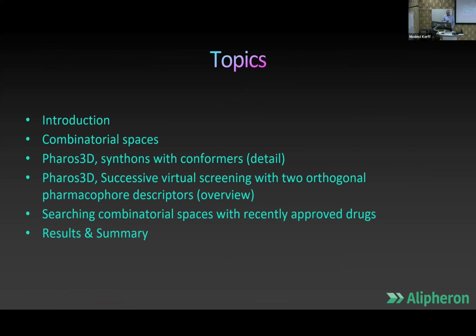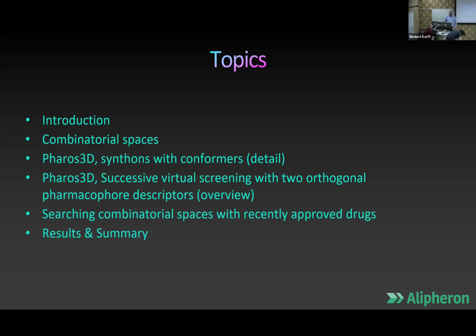We will start with a short introduction of our company. Then I will talk about combinatorial spaces because they are the basis for our search, the libraries. I will introduce then our search methods, Pharos 3D, named after this famous light tower in the Antique in Alexandria, at the harbor of Alexandria, guiding the ships. So we guide the search in large spaces as the light tower was guiding the ships on the sea.